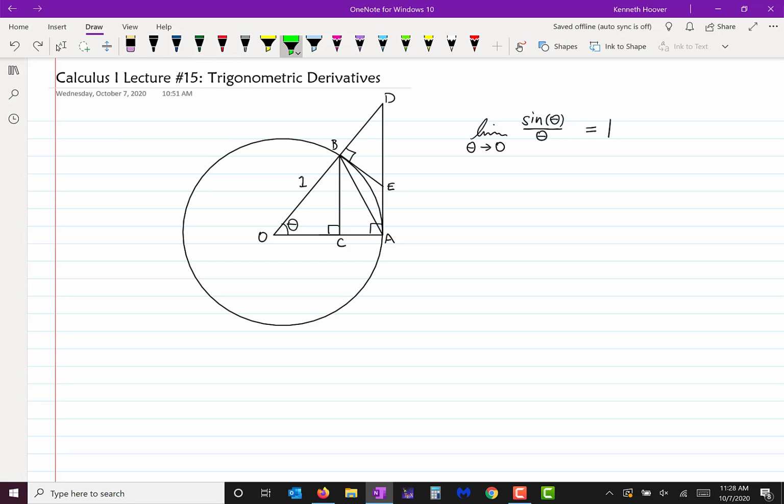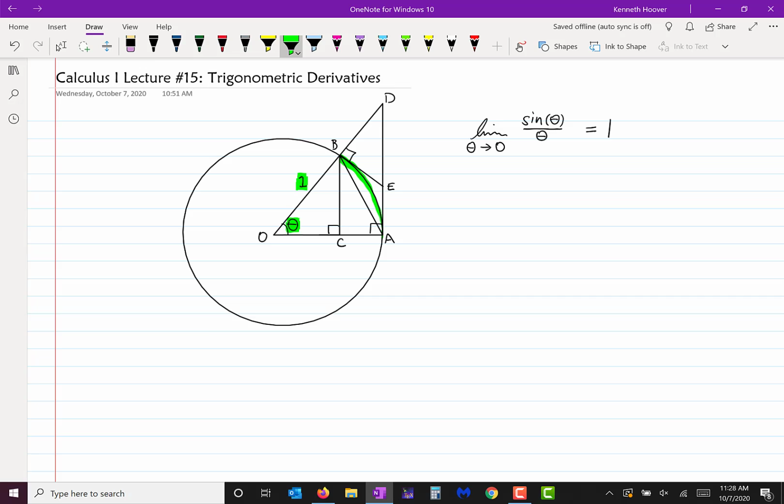All right, I want you to look at this arc right there. The arc of the circle from A to B. If you know about radians, then you probably know that the arc of that circle is equal to the size of this angle times the radius of the circle. So the arc from A to B has a length of theta times 1.